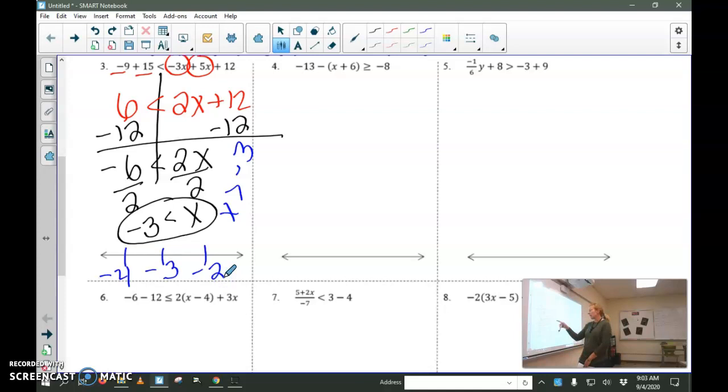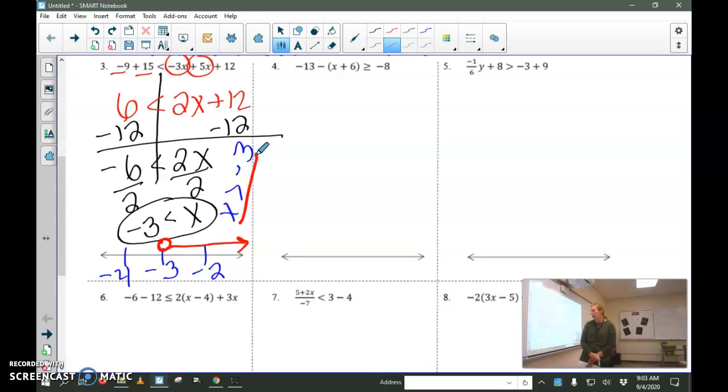Because this is the less than symbol, there's no equal to bar, so I'm going to have an open circle at -3. -3 is smaller than -2, than -1, etc. So -3 is less than all the other numbers, and my solution is all the numbers bigger than -3, which is really what this expression says.